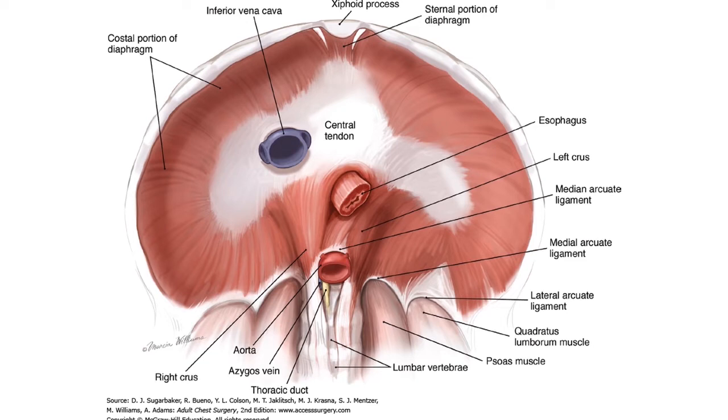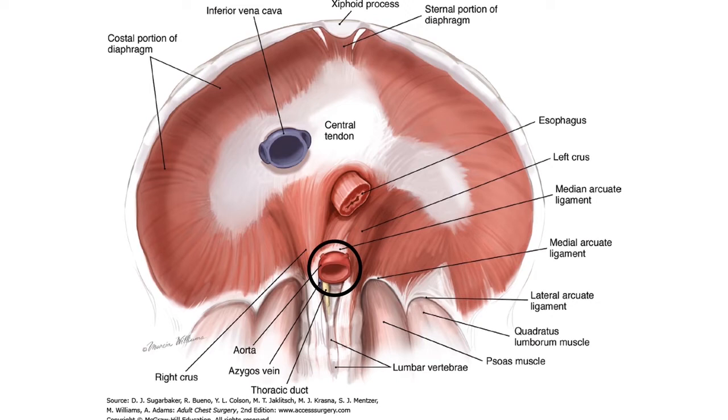The diaphragm has 3 openings. Now, this one here is described as median, and it allows the passage of thoracic aorta when it becomes the abdominal aorta. And there are 3 structures around it. On the right, it is the right crus of the diaphragm.